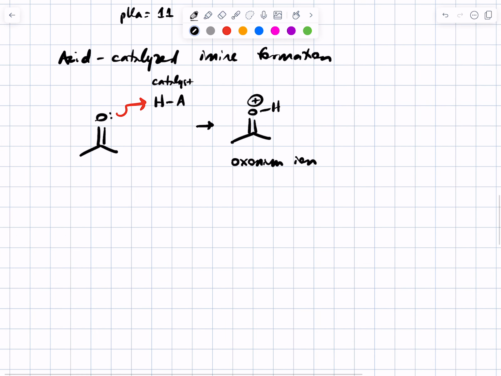And then you could imagine that oxonium ion intermediate could be attacked by your nucleophile. Again, the LUMO would still be the carbon-oxygen pi star, but the presence of that positively charged oxygen makes the oxonium ion more reactive than the starting ketone or aldehyde that we began with.